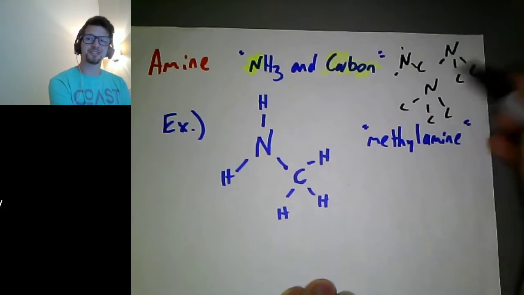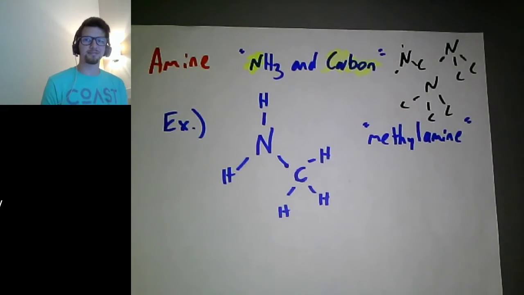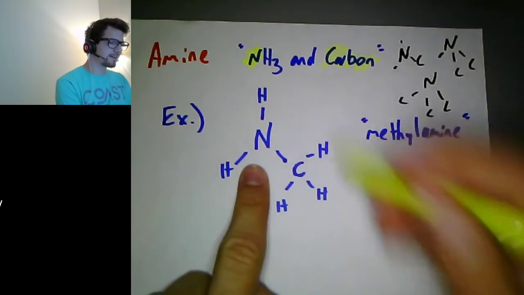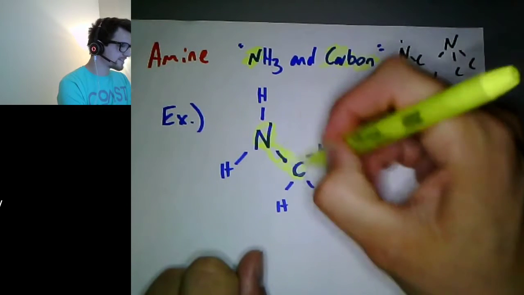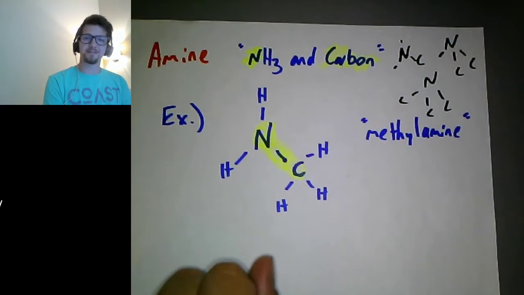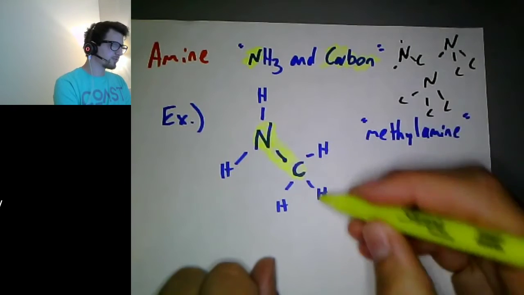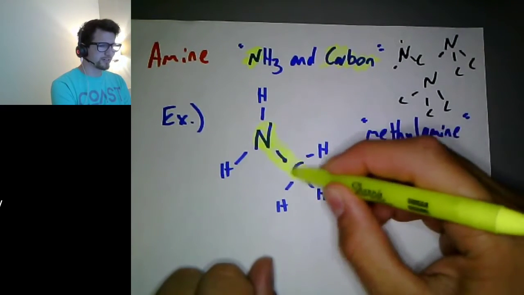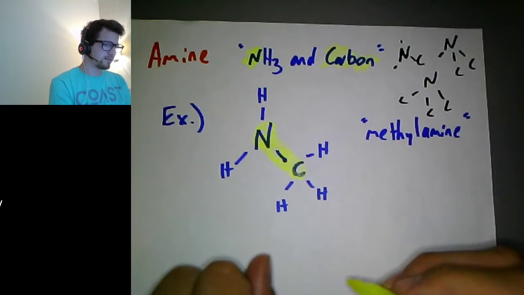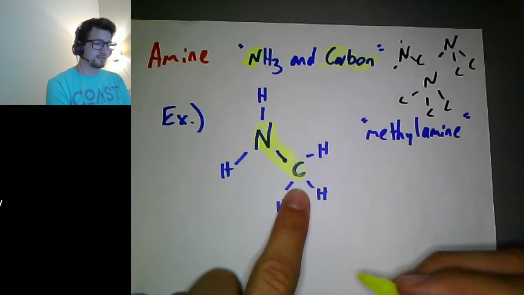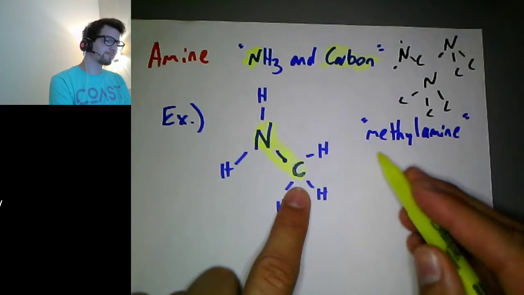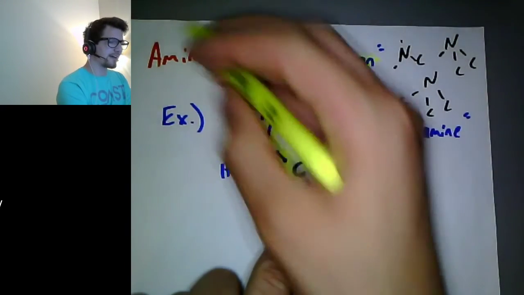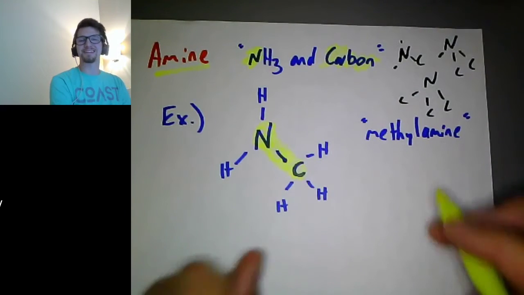As long as you have a nitrogen as the parent, the base of operations on that compound, then you got an amine. So I have my nitrogen here. He's got two hydrogens and a carbon. Since I see this bond, this guy's going to be an amine. In this one, what's the longest carbon we have? I only have one carbon, which means it's methane. This is an alkyl group, so I'll say methyl, like we talked about yesterday. So this is methyl, and I just literally add the word amine at the end, so methylamine.